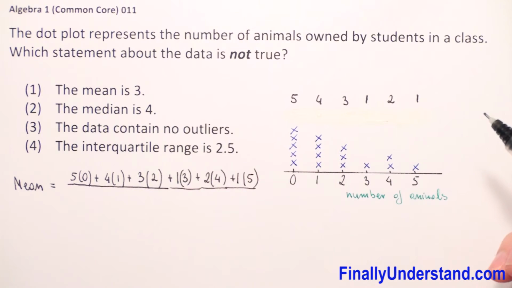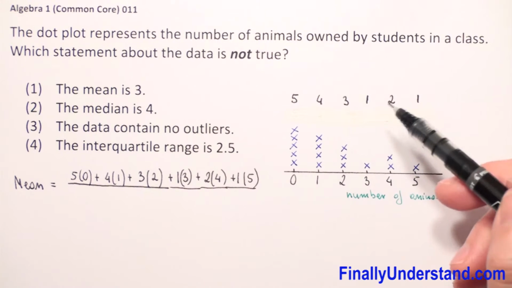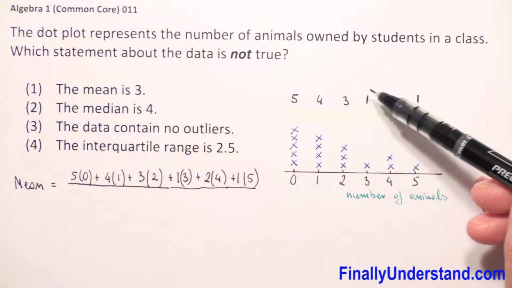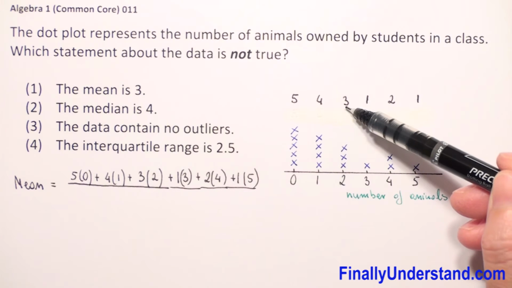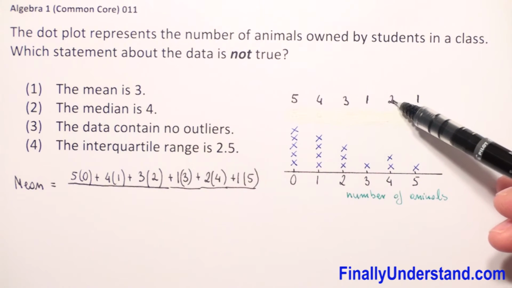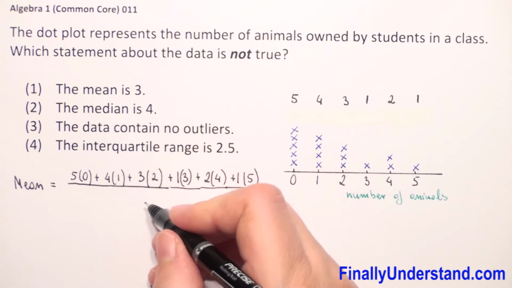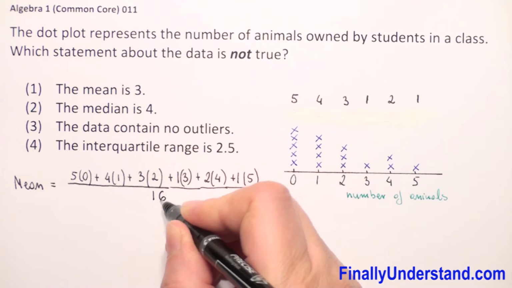And we have to check the total of students, so we have 5 plus 4 is 9, plus 1 is 10, plus 3 is 13, plus 3, so it will be 16. So it will be over 16.